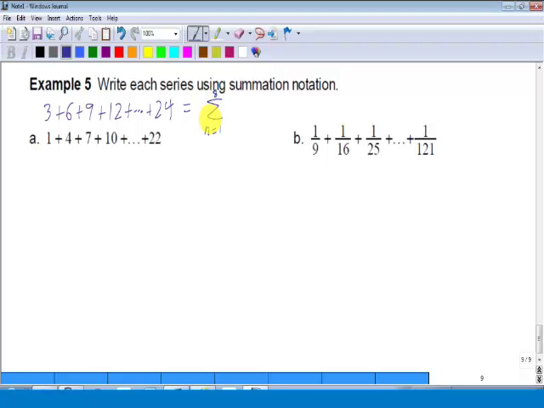And how do I get each term? 1 gives me 3, 2 gives me 6, 3 gives me 9. So n gives me what? I just want an expression here where if I plug in the n, it gives me a 3 or a 6 or a 9 or a 12 as the output.